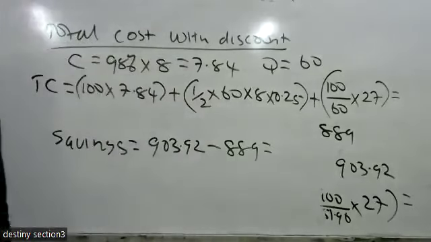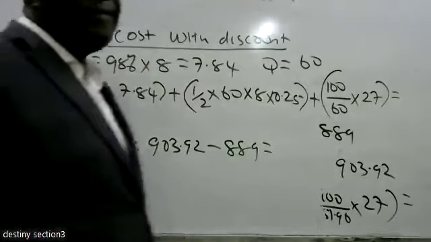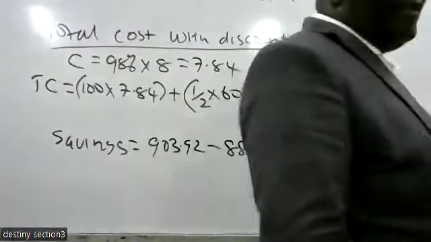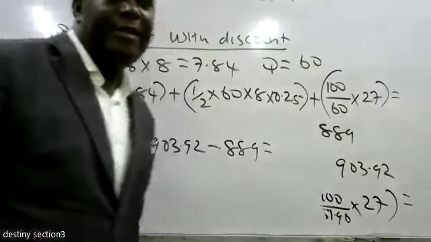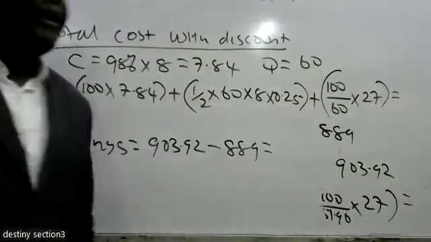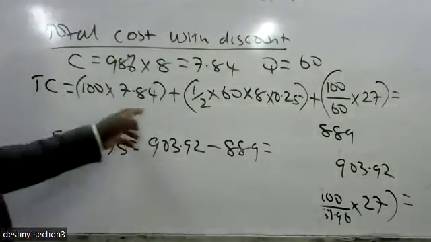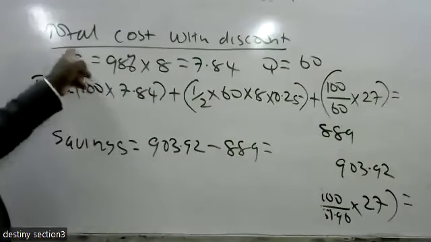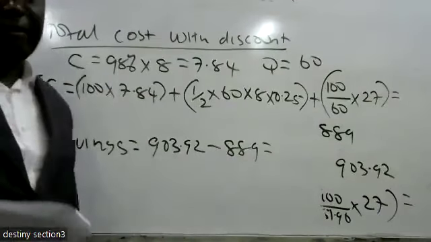The question has not given you C, but instead they have given you CI. So it is not possible to calculate the RC because C is not given.